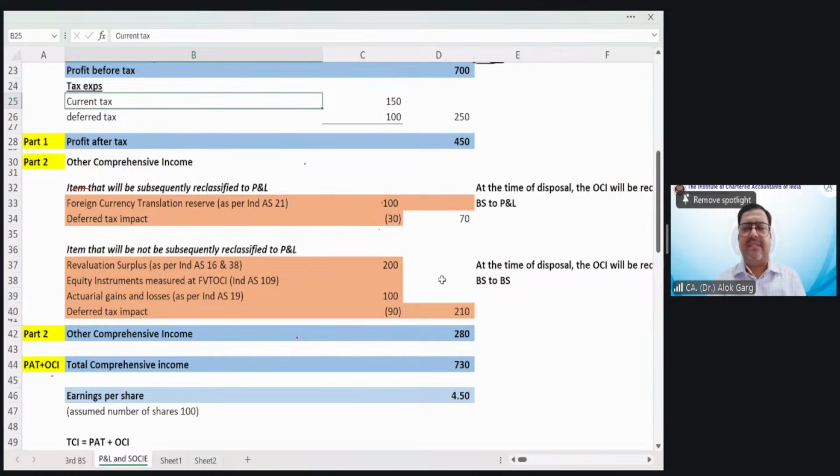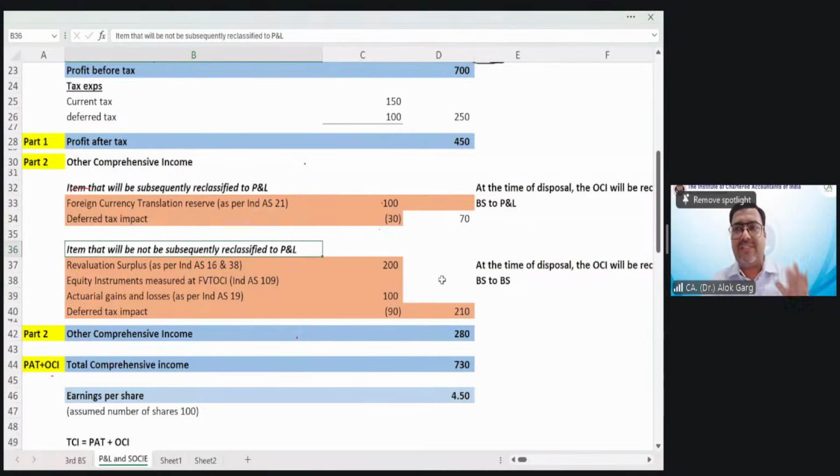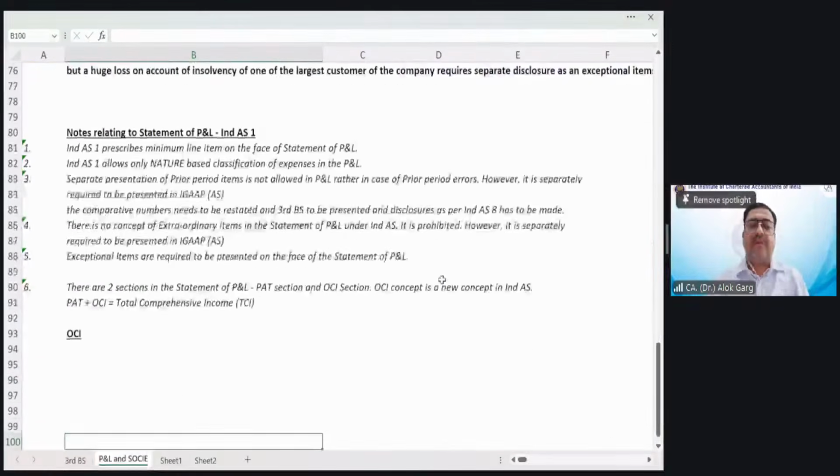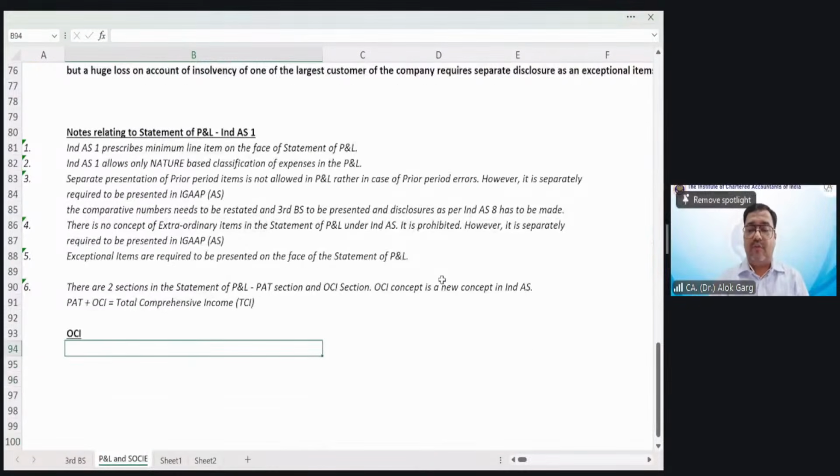Very limited guidance is available in the standard or material, but let me explain why this concept of OCI exists in Ind AS 1. Friends, first of all, OCI is an extended version of P&L.